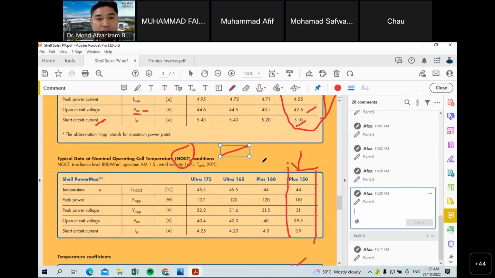Because if you notice, we never touch this NOCT in our calculation. We just go for the STC data. So my question to you guys: when will we look at this NOCT data?